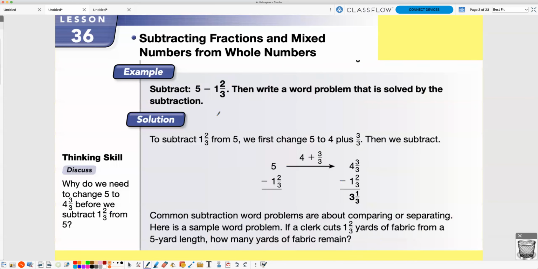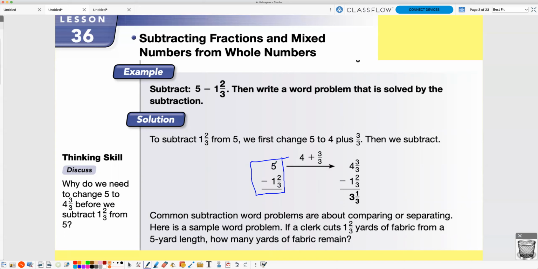Let's look at another example here. If you've got 5 minus 1 2/3, then write a word problem that's solved by the subtraction, you would simply have to make sure that you borrow from the 5 so that you have something to subtract. 5 minus 1 2/3 can't be done until we have something to subtract for the fraction portion of this mixed number.